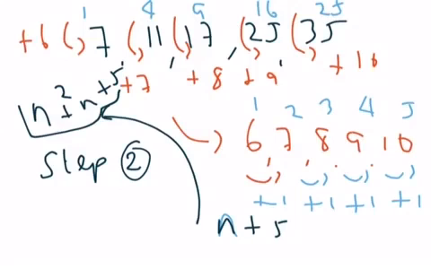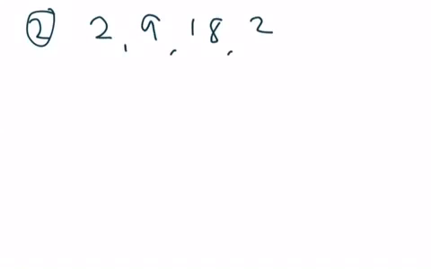Let's now have a go at question 2 and apply the principles that we learned in question 1. So question 2 then, if we have another sequence and it's 2, 9, 18, 29, 42. Again, we don't know whether this is a linear sequence or a quadratic sequence.